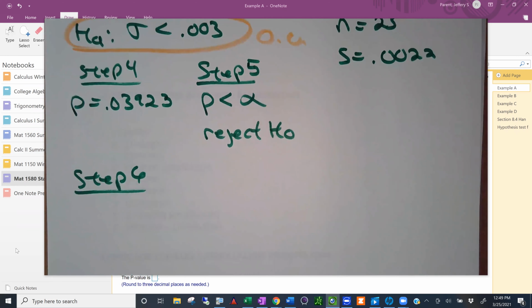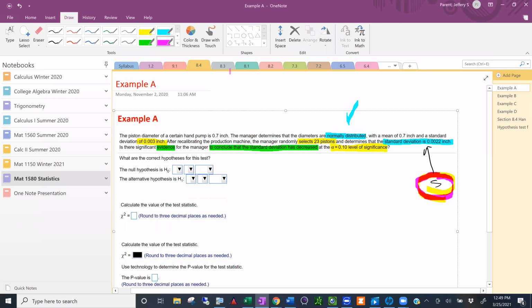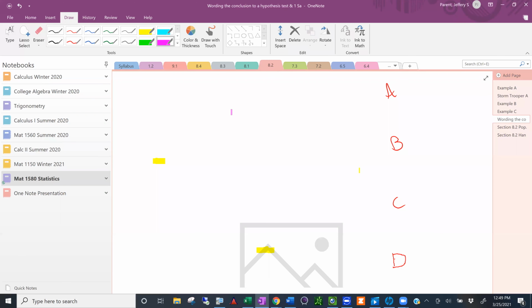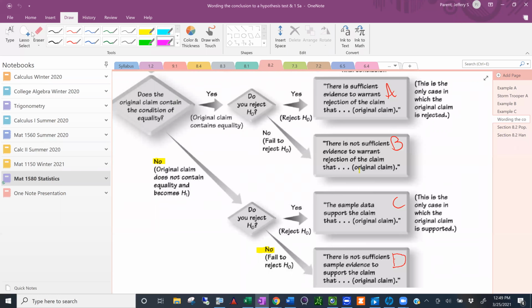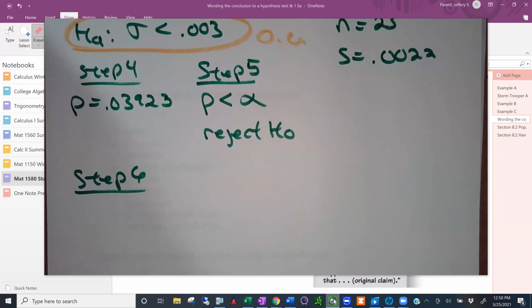Finally, step 6, we have to state our conclusion in words. So let me go back to that handout that I gave you from section 8.2, and I'll clean this up a little bit. Here's where we need to know what the original claim was. So look back.